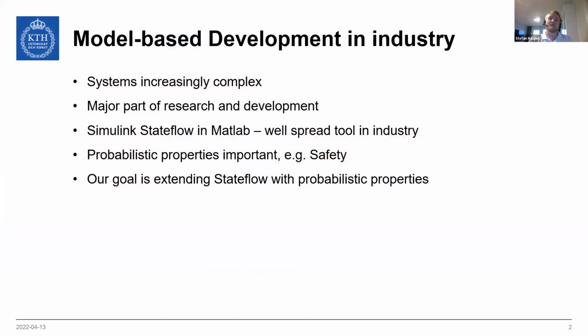So first I will talk a bit about model-based development in industry today. Systems are today growing increasingly complex, something that is pushed on even further by new technologies such as autonomous vehicles and the like.